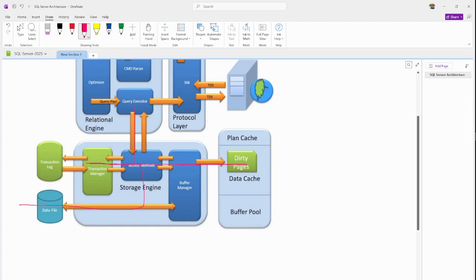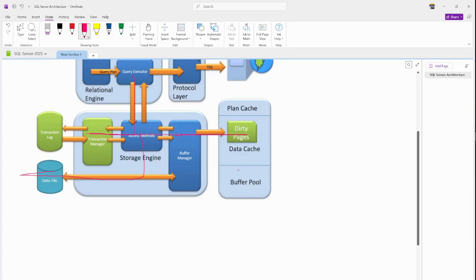Then here your data. So it will be determining how to retrieve or modify the data. Then you have something called the buffer manager. The buffer manager manages the movement of data between the physical disk and the memory. So how it will be managing that.